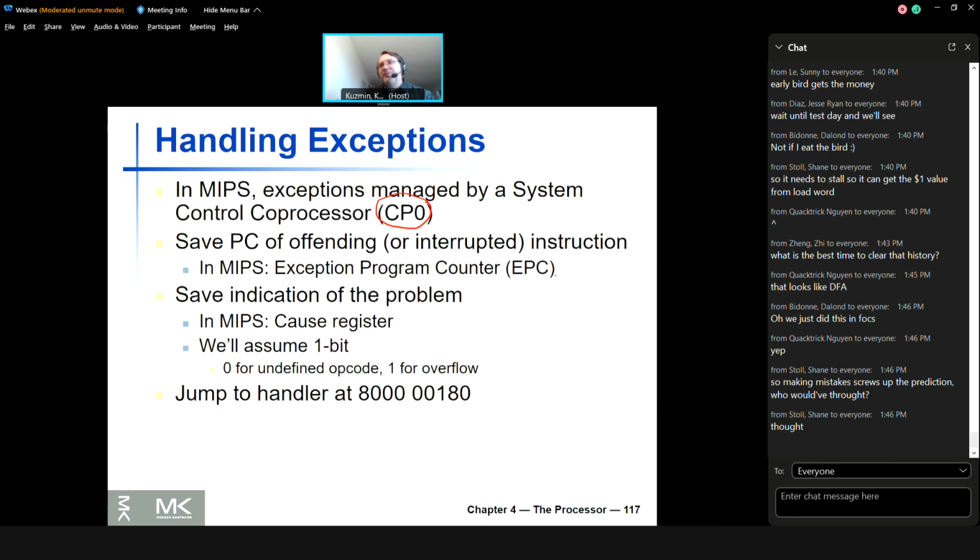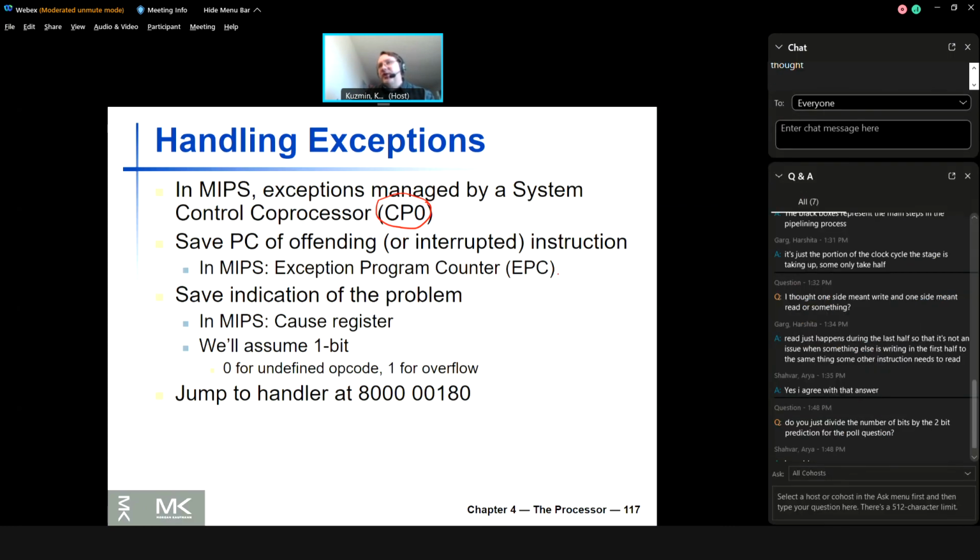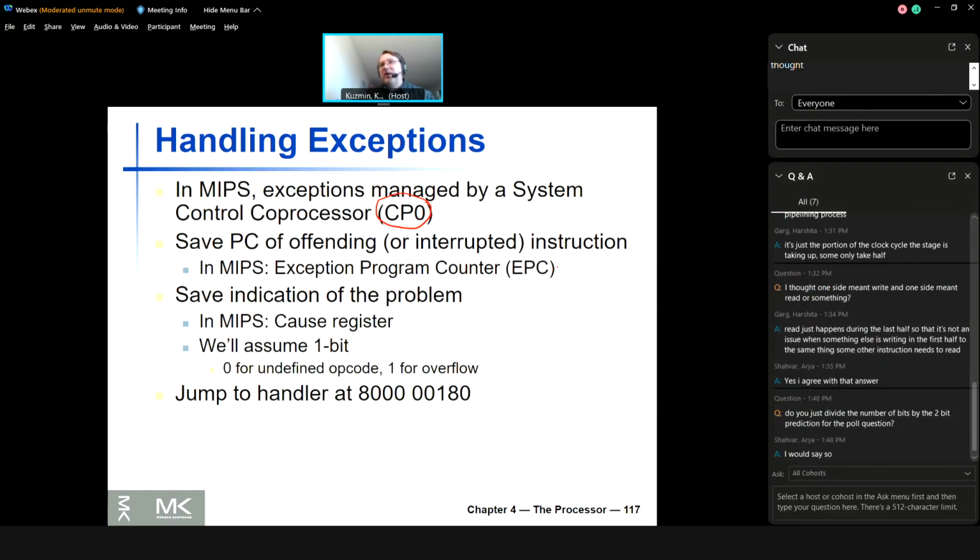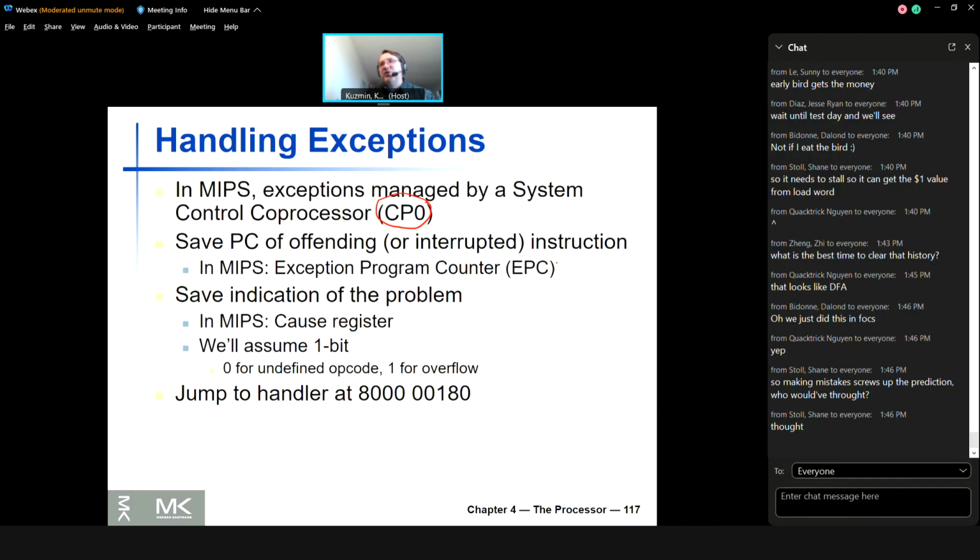The handler is a piece of code that responds to this exception, and so it's a little similar to JAL. So we need to save the state of the PC, so that we can return to the program that was executing when the exception happened. So we need this exception program counter. It serves the role of an return address. And then we just jump to the handler.